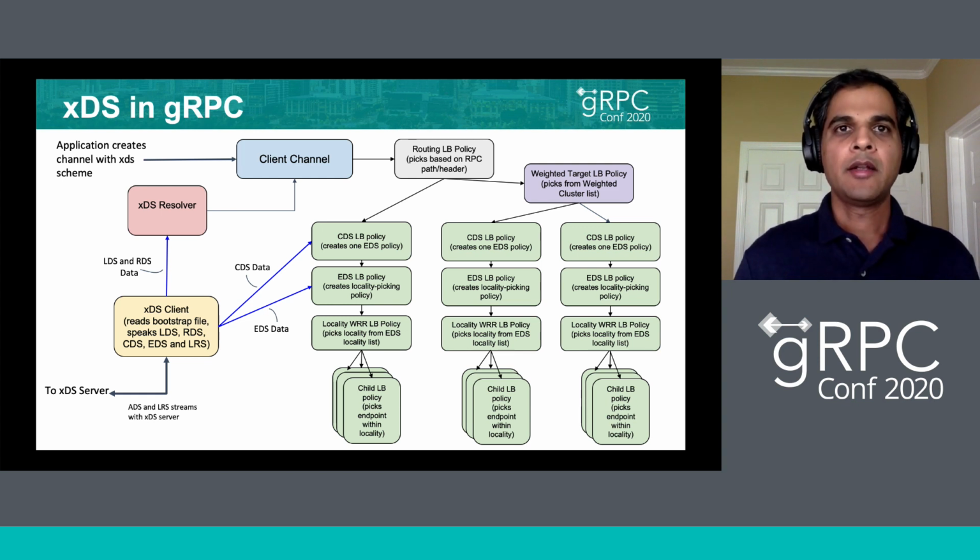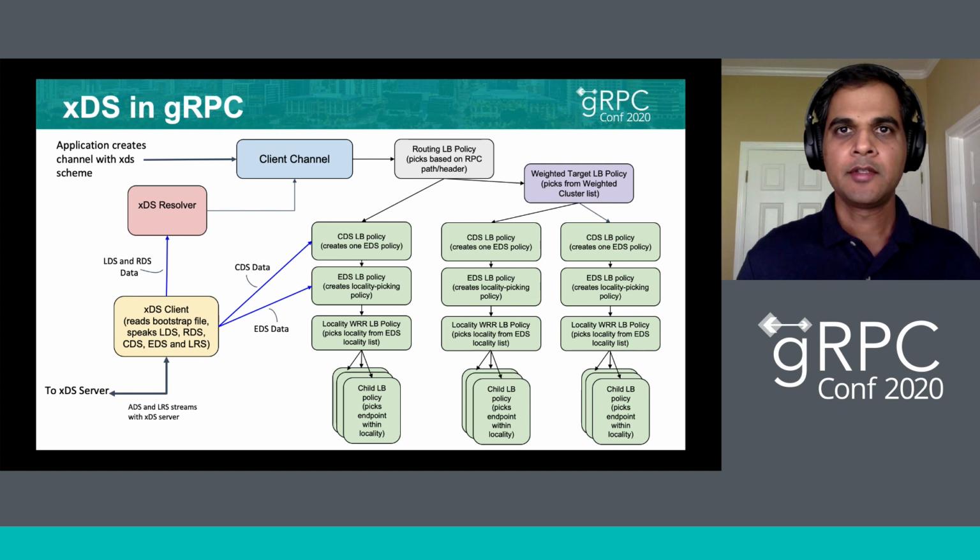When you create a client channel in gRPC to connect to a service, you need to use the xDS scheme instead of the default DNS scheme. This scheme tells the client channel that an xDS resolver needs to be created in order to resolve the service name. And then it sends an LDS request to resolve the name.